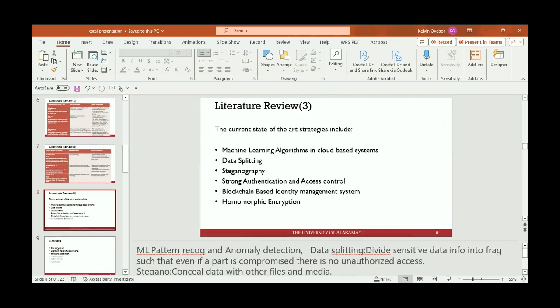In summary, the current state-of-the-art strategies that have been adopted in solving the problem of security, identity, access management, and privacy control in cloud-based systems have been listed here, which include use of machine learning algorithms, use of data splitting, use of steganography, use of strong authentication and access control, use of blockchain-based identity management systems, and use of homomorphic encryption.